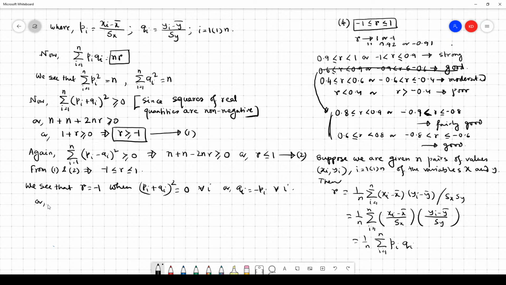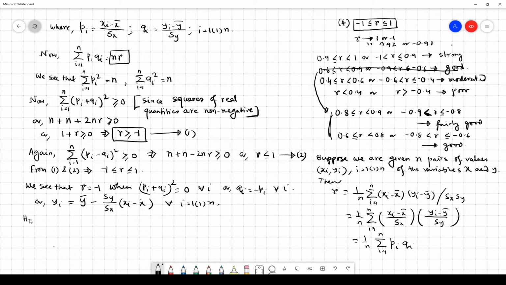Here qi means yi minus y bar by Sy, and if I replace pi by xi minus x bar by Sx, then I get yi equal to y bar minus Sy by Sx times xi minus x bar, for all i from 1 to n.